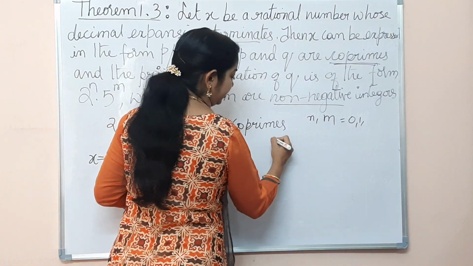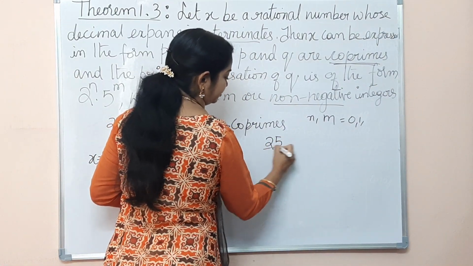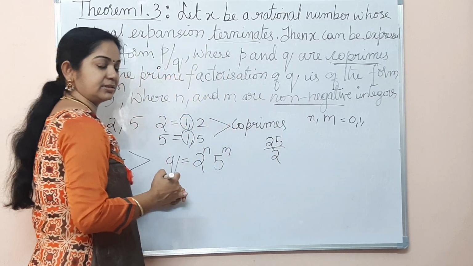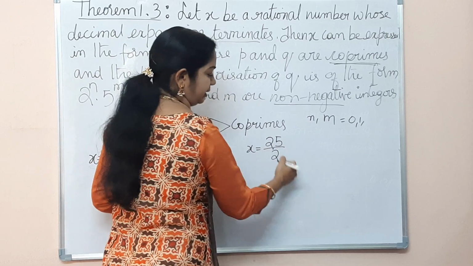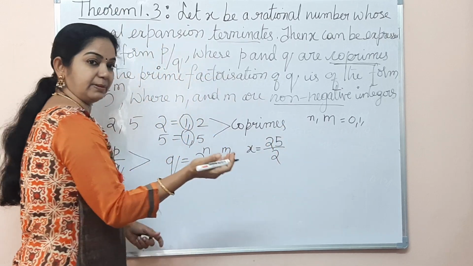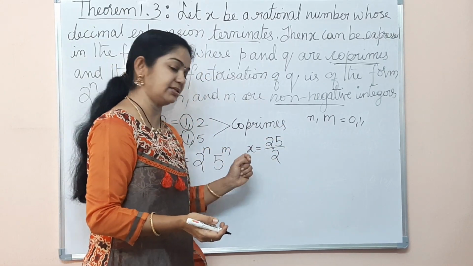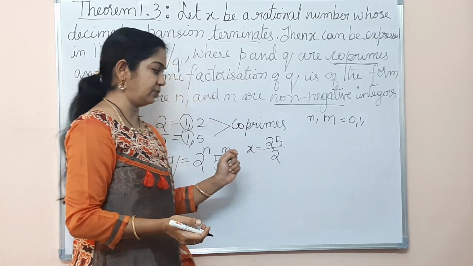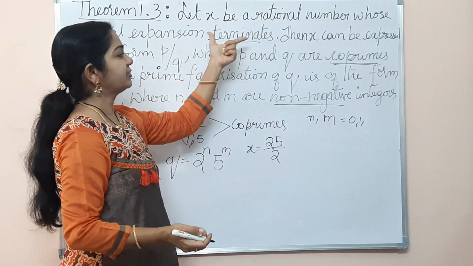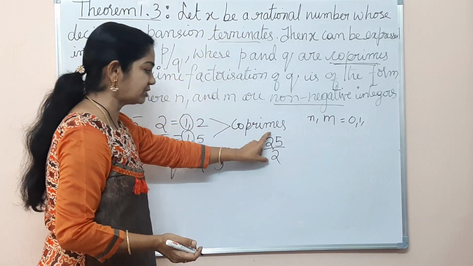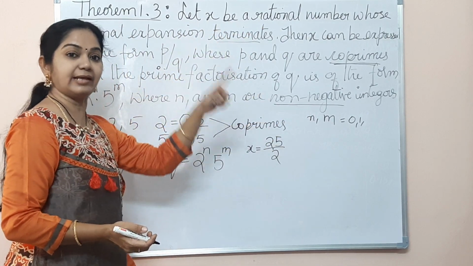Let me take 25 by 2. This is a rational number. I've taken this as x. It is in the form of p by q, where p and q both are integers, q not equal to 0. If I take these two numbers, what does the theorem tell? The decimal expansion for this rational number will terminate.